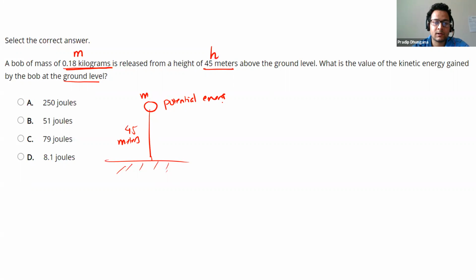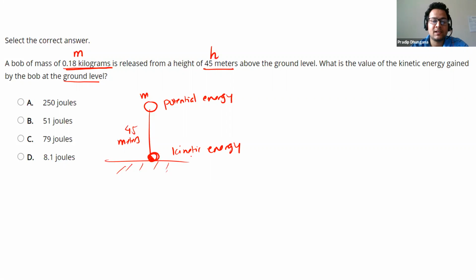And at the ground, it does not have any height at that point, so it only has kinetic energy. But the total energy of the system is conserved. That means the total energy at this point is exactly equal to that at this point.